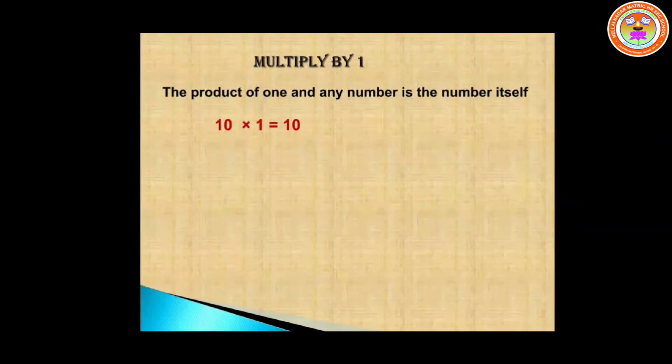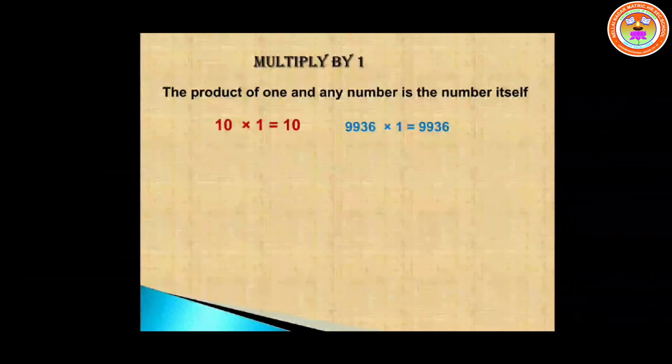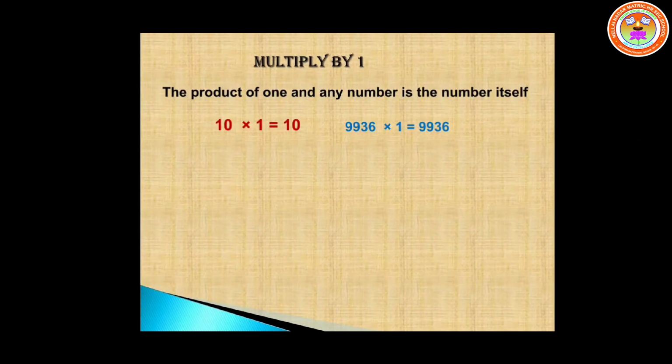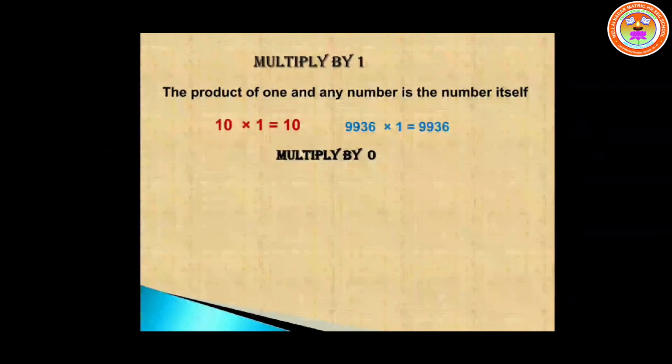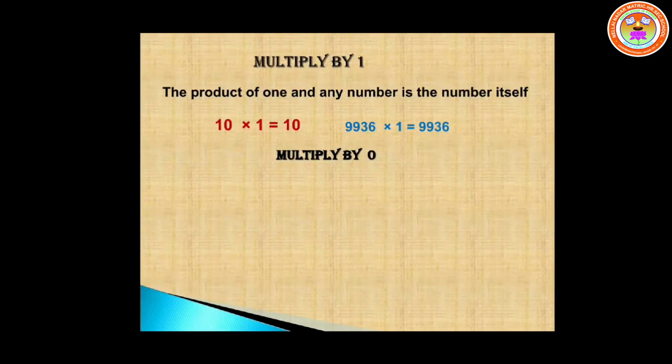I have taken 10 and multiplied with 1. 10 ones are 10. So, I got the number itself. Next, 9936 into 1. When I multiply any number with 1, I will get back the same number. This is the property.